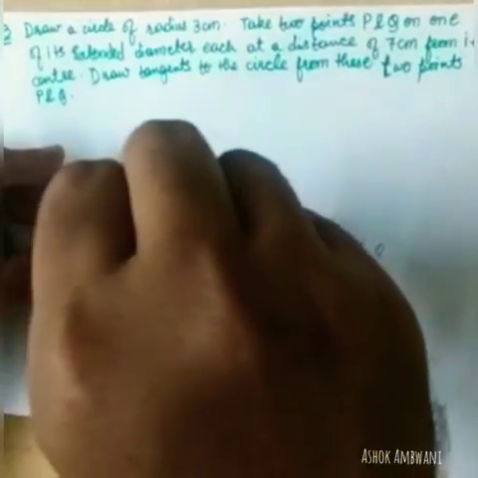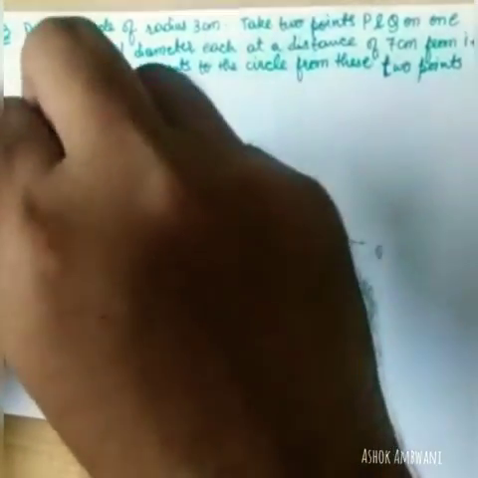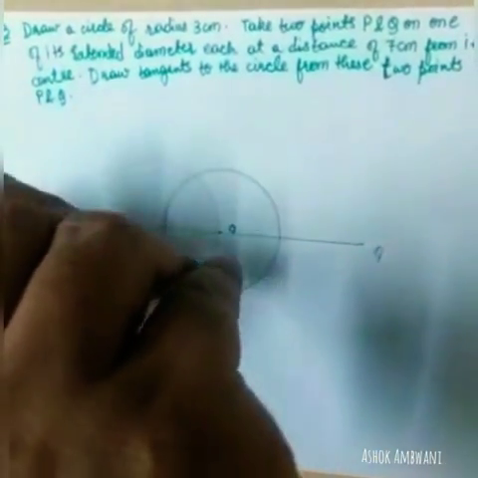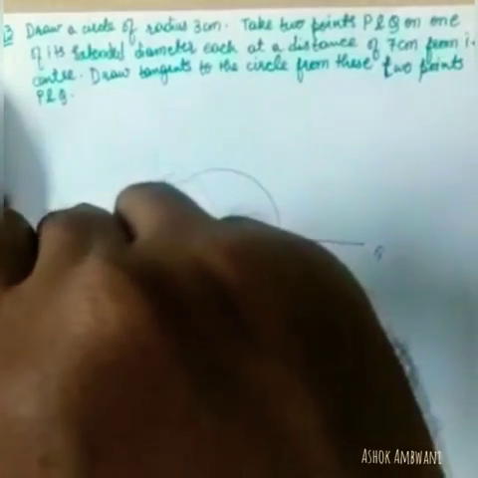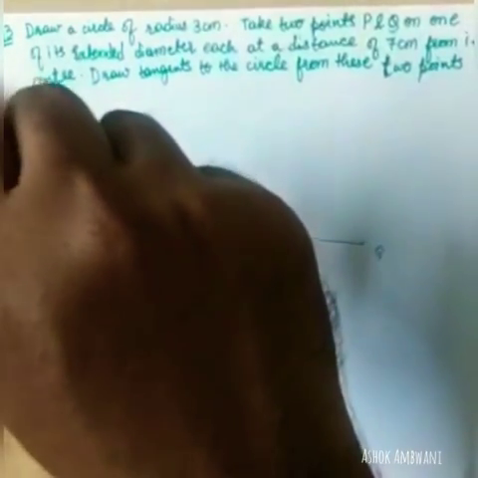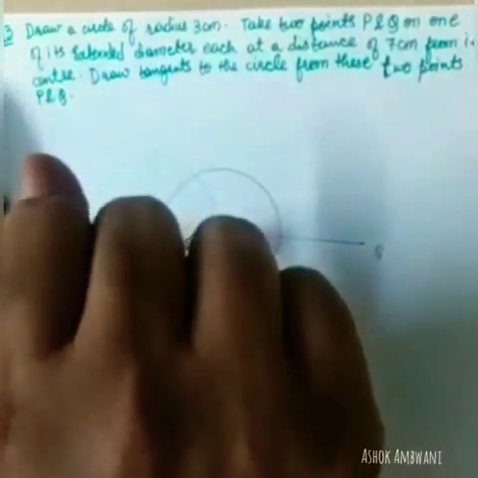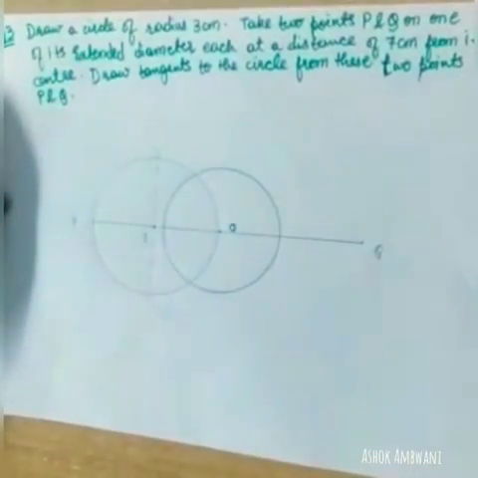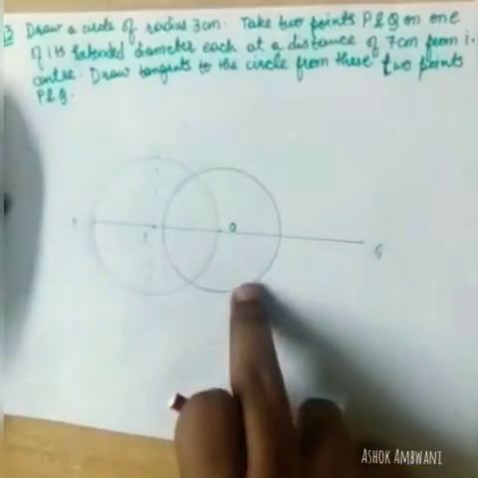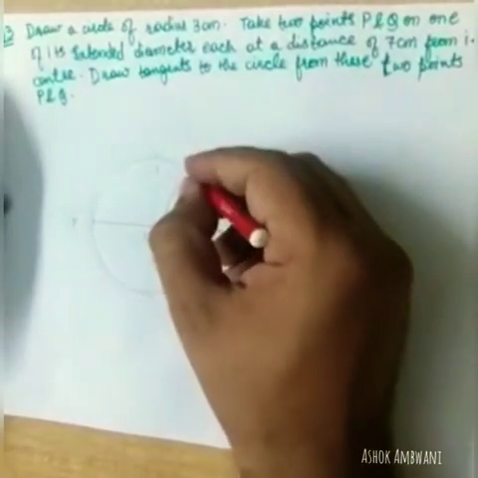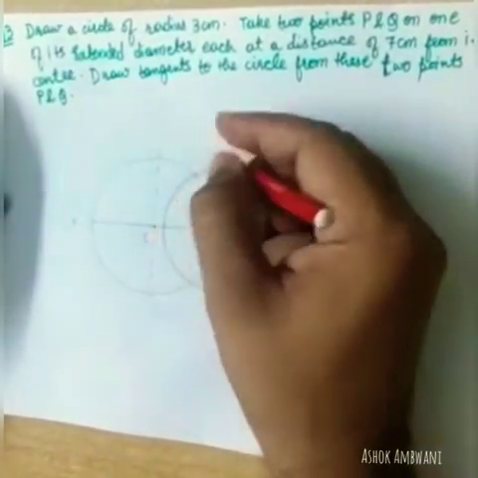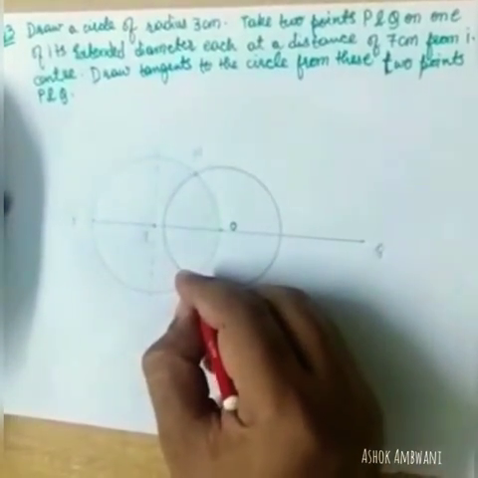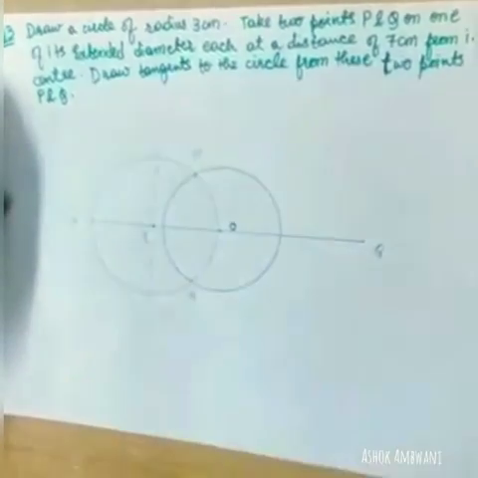So I will draw a circle which will be passing through P and O. Now this circle, as you can see, is intersecting the given circle with radius 3 cm at points, we'll say M and N respectively.